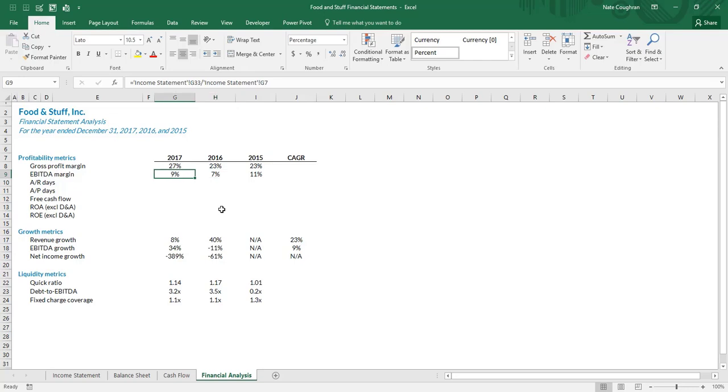And most likely it went up to 9% because we increased our profit margin up here. So because we increased our gross profit margin up here, our EBITDA margin most likely increased as a result. But we noticed that it didn't increase as much. So from 2016 to 2017, it went from 23% to 27%. But EBITDA only went from 7% to 9%.